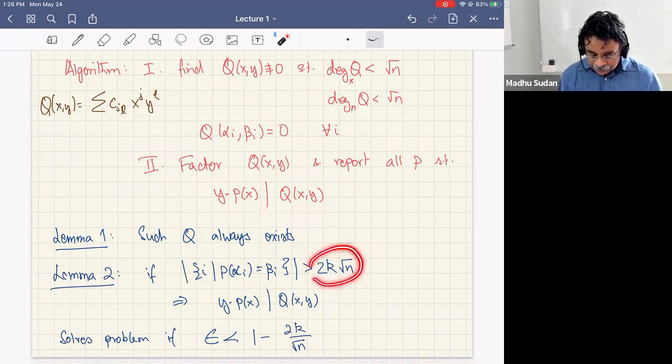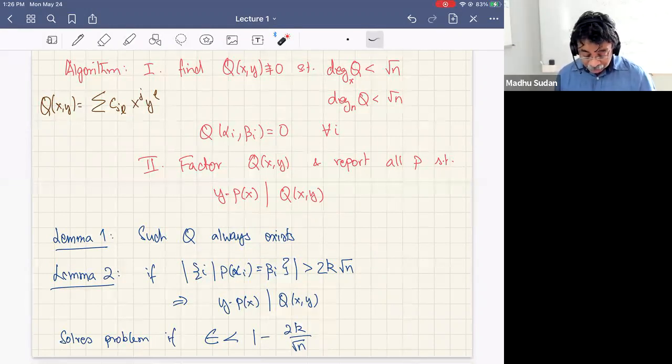It's not the best result that I could have hoped for, but at least if we are thinking of k as much, much smaller than square root of n, it's rate 0, but still, k is much smaller than square root of n, this would have been good enough to solve the algorithmic problem.